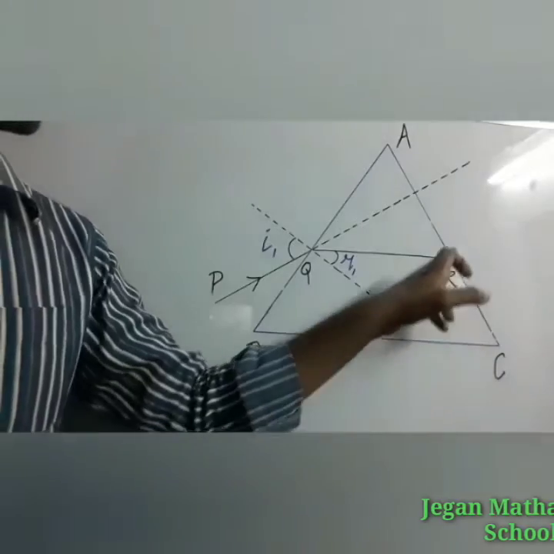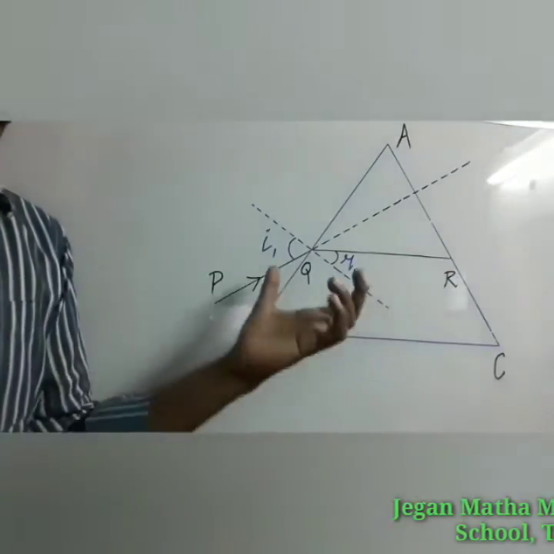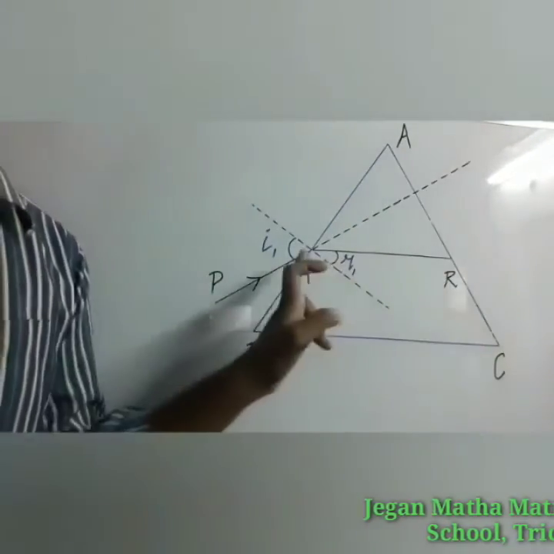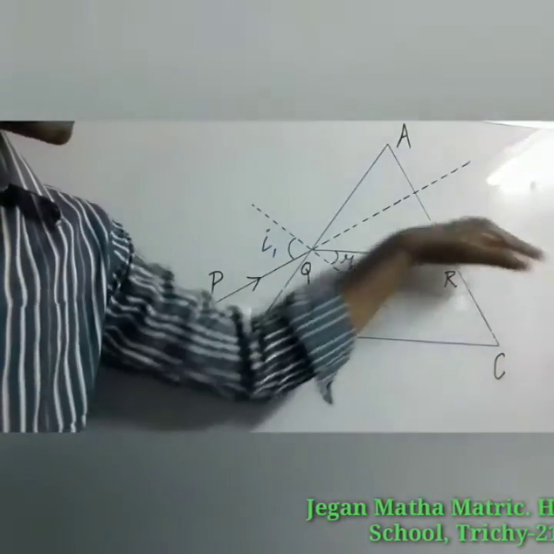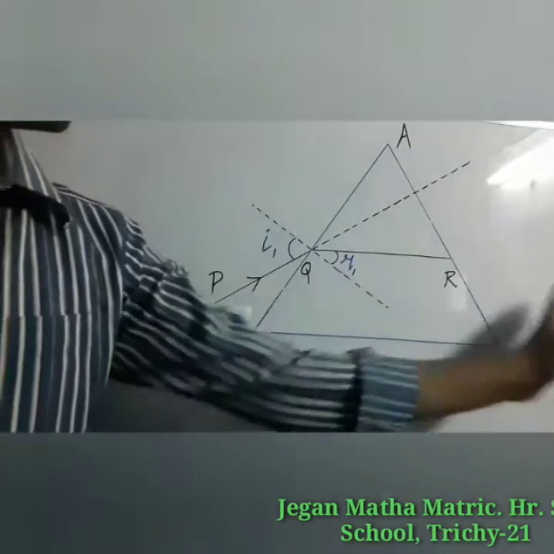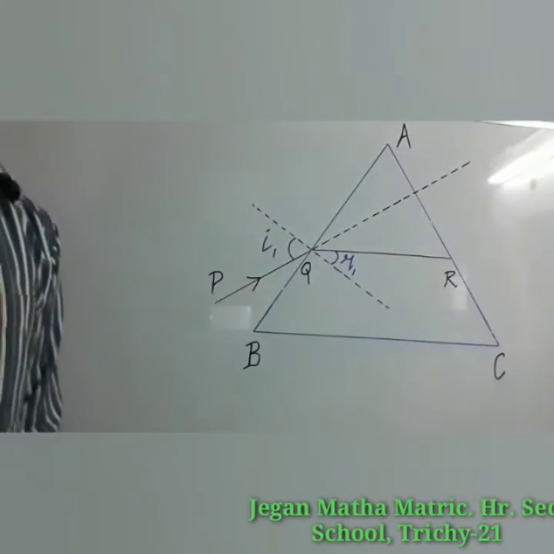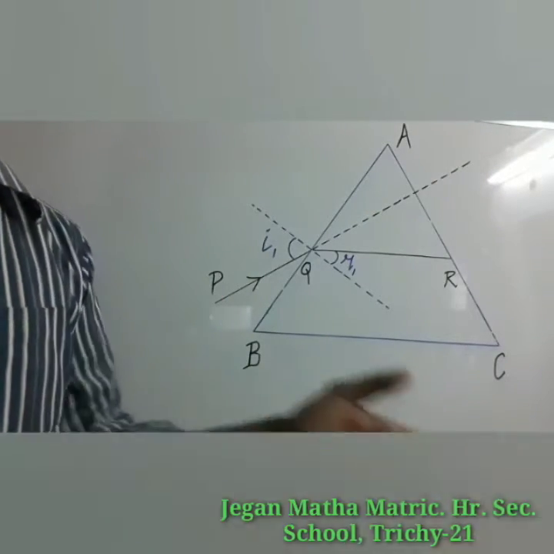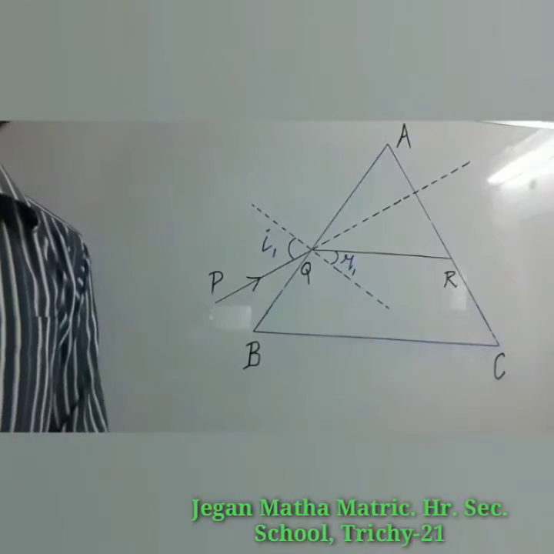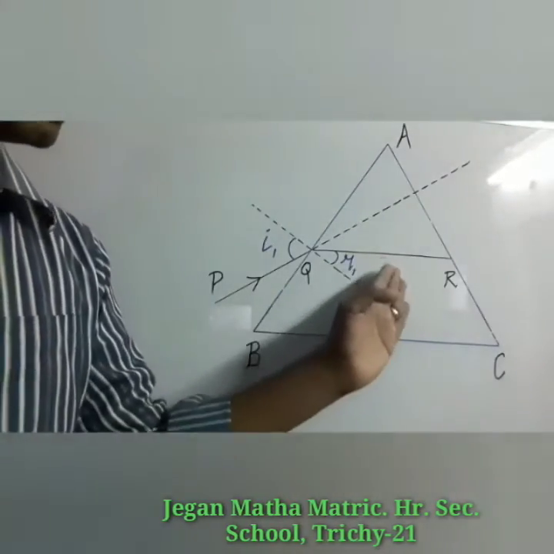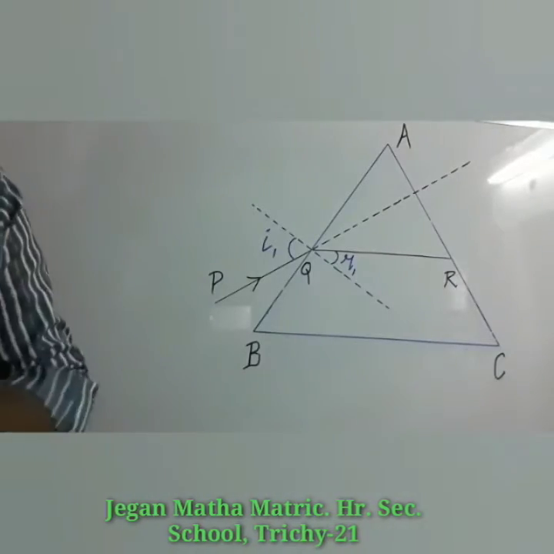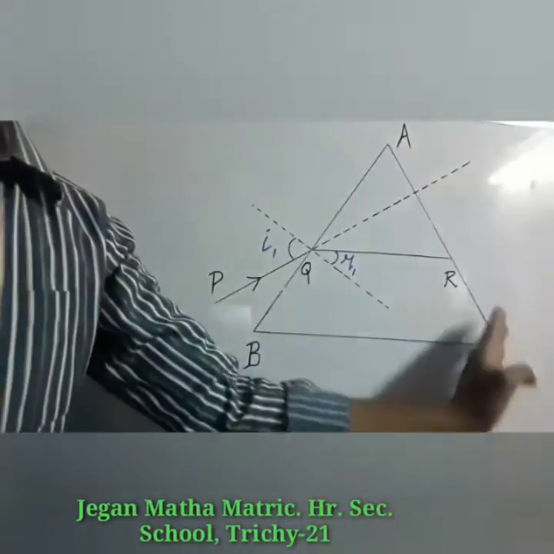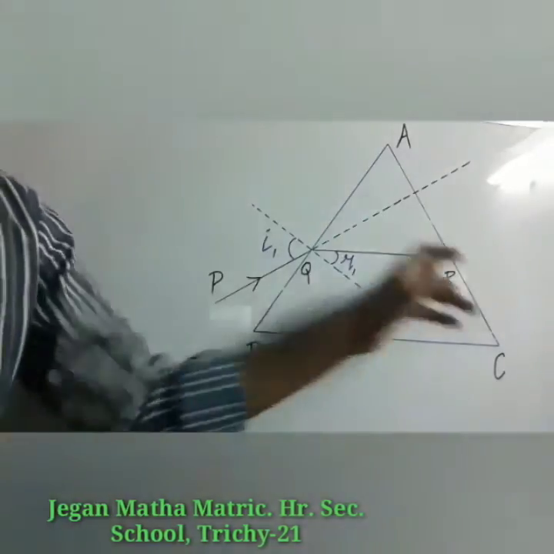Here I have included another point R. So the path of the light inside the prism is QR. At the point R, light once again enters the air medium. At the point R, that light ray will experience another refraction because it travels from the denser medium to the rarer medium. To find the angle of incidence and the angle of refraction at the second face, we have to draw the normal.